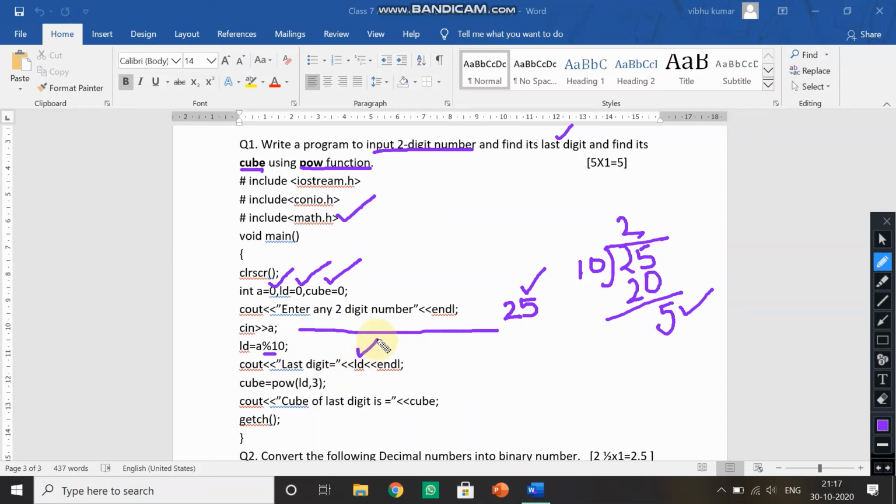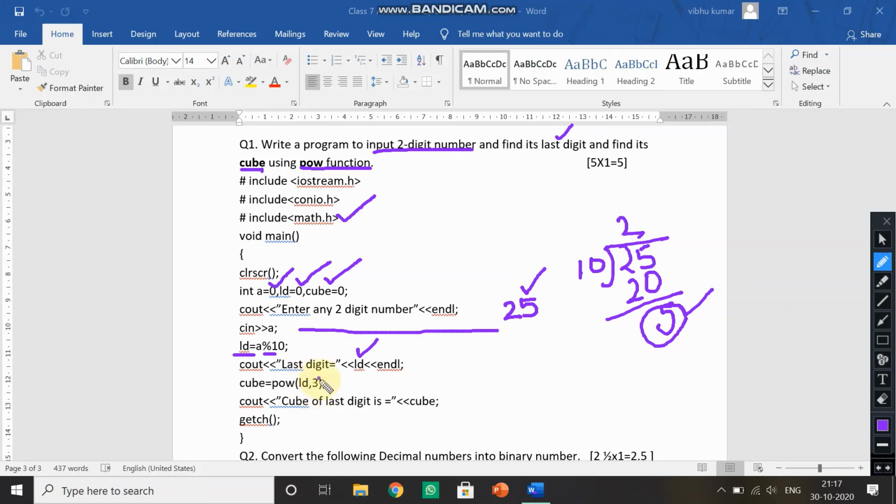Now you print the last digit here, and then you have to find the cube of this number. The 5 is stored in this LD. So we will write cube is equal to pow, and then LD comma 3.